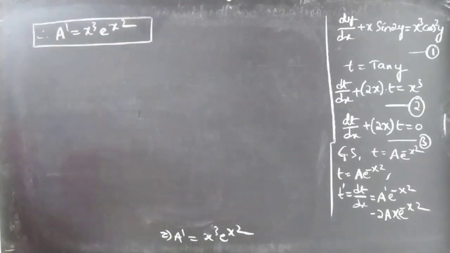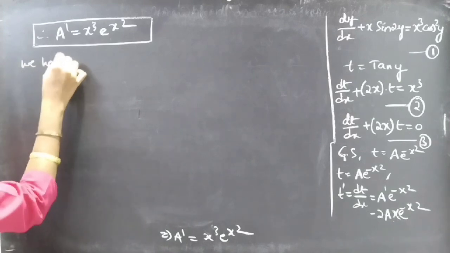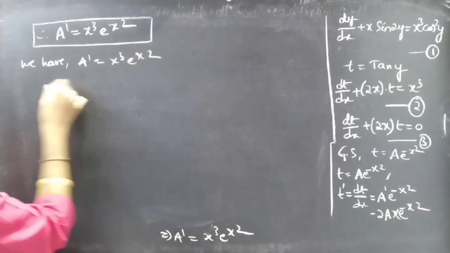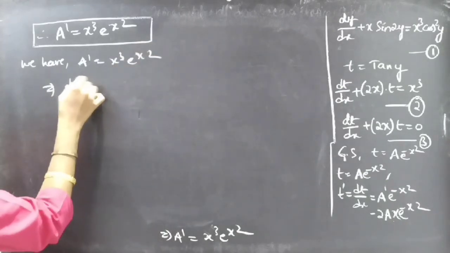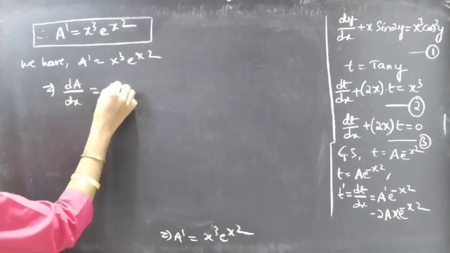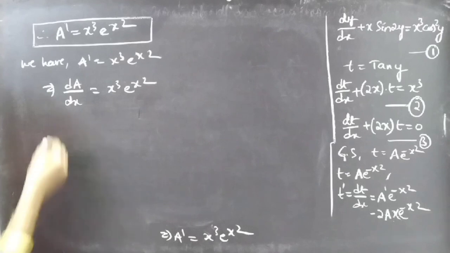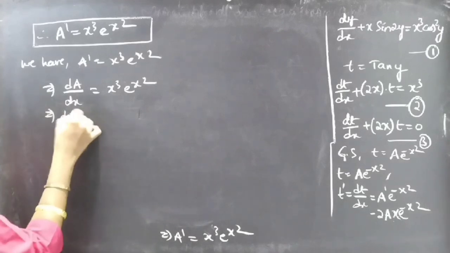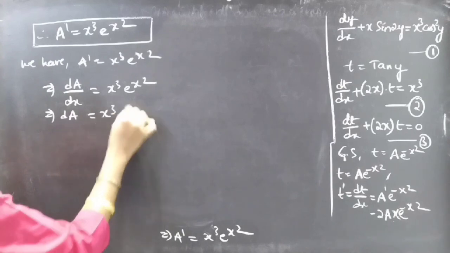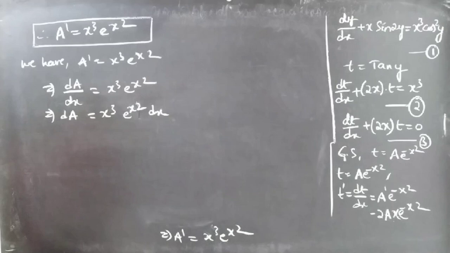Now we can find a using this a dash. We have a dash equals x cube e power x square. A dash is nothing but the derivative of a with respect to x equal to x cube e power x square, right? Let's now separate the variables by taking the differential dx to the RHS. Then we'll get dA equal to x cube e power x square into dx, right?